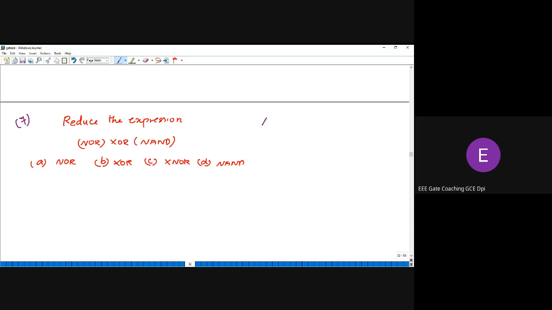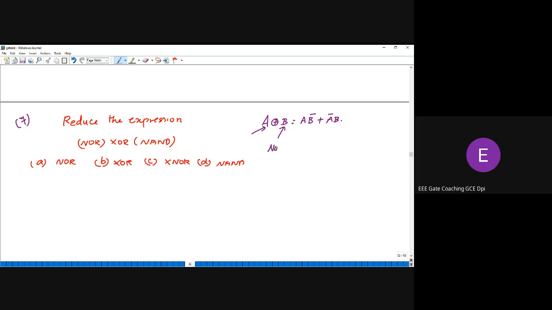So what is A XOR B? A XOR B is equal to AB bar plus A bar B, right? So instead of A, they have given a NOR gate. Instead of B, they have given a NAND gate.